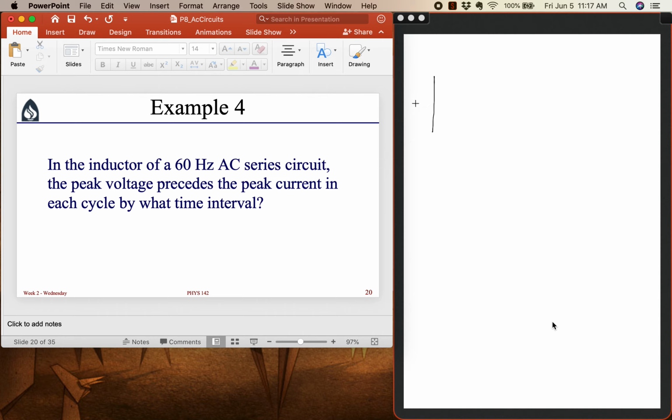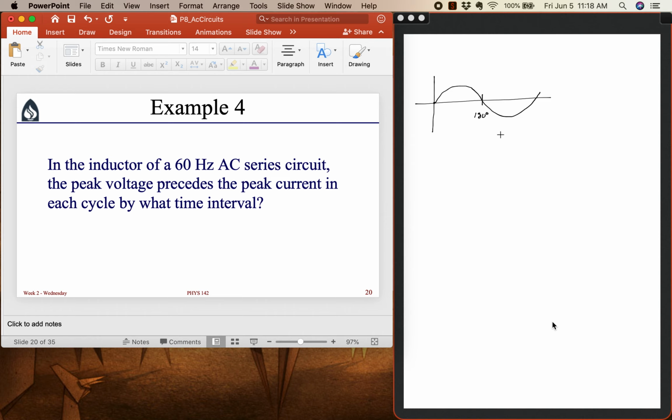And if you think about a sine wave, a sine wave looks like this. And this is 0. And if we're plotting the sine wave versus angle, then 180 degrees is here.